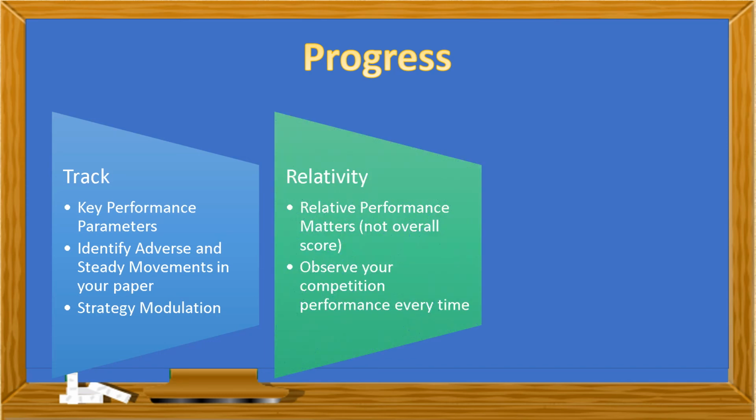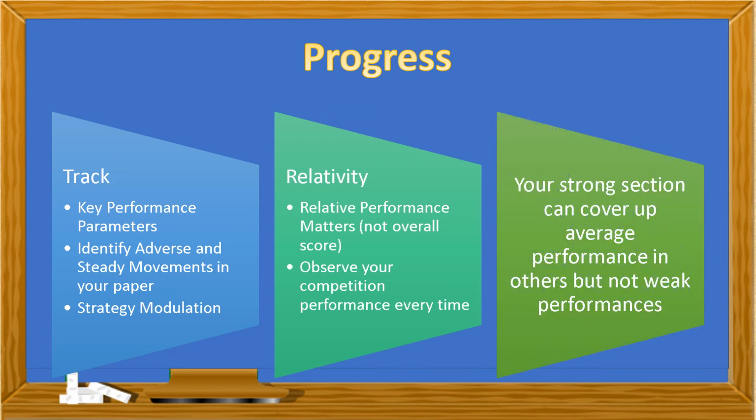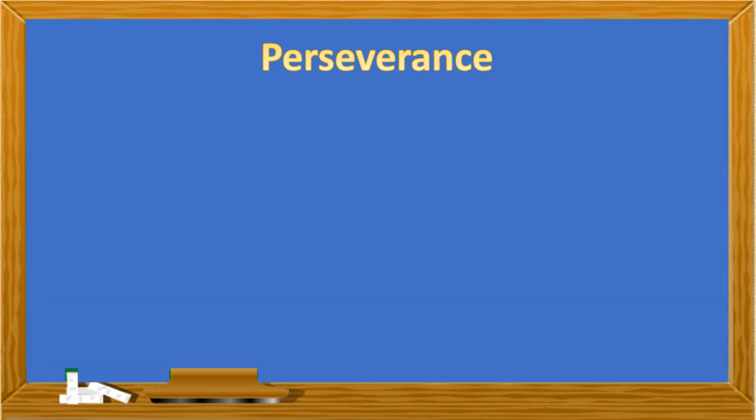Also remember that CAT is a competitive exam, so your relative performance matters more than your overall score. So observe your competition performance every time. Last, your strong section will always be able to cover up your average performance in others, but not your weak performances. Which brings us to perseverance.